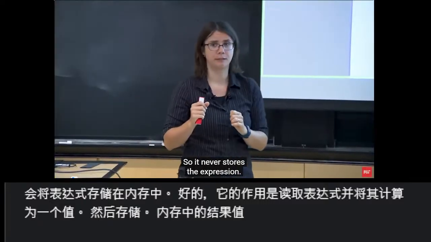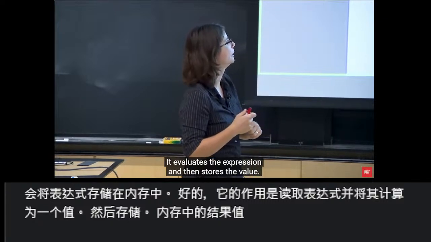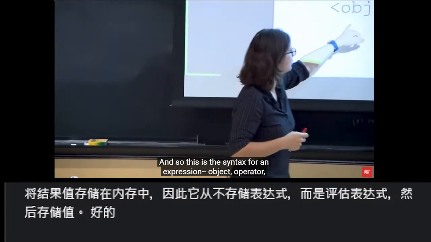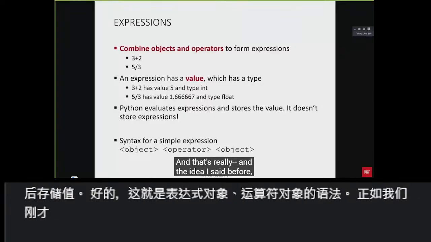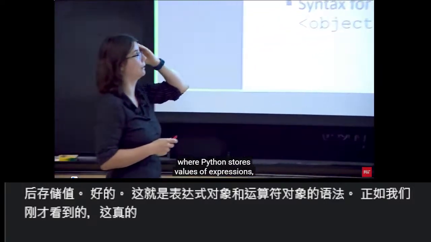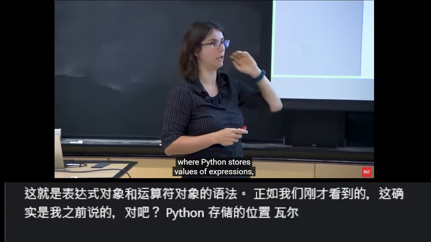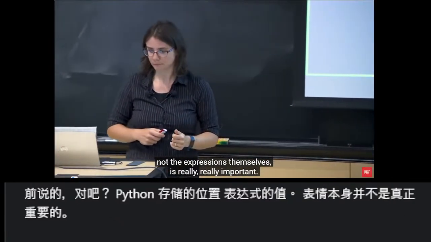So it never stores the expression, it evaluates the expression, and then stores the value. Okay? And so this is the syntax for an expression, object, operator, object, as we just saw. And the idea I said before, where Python stores values of expressions, not the expressions themselves, is really, really important. Right?